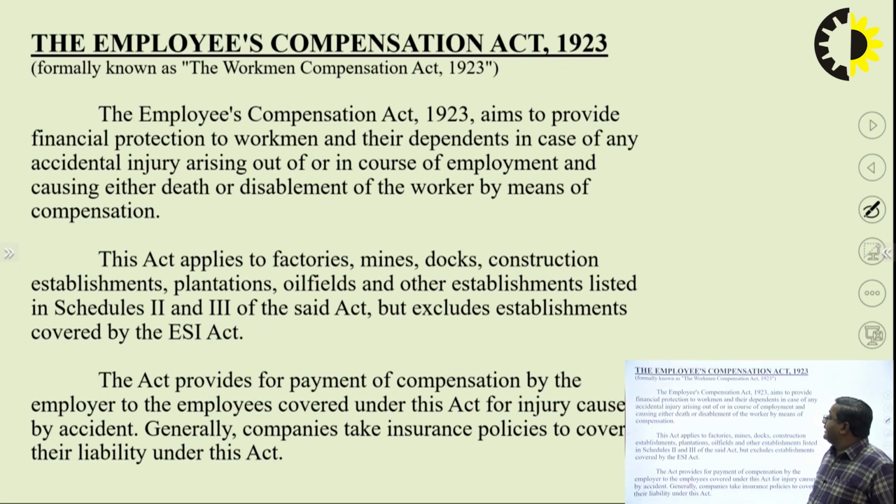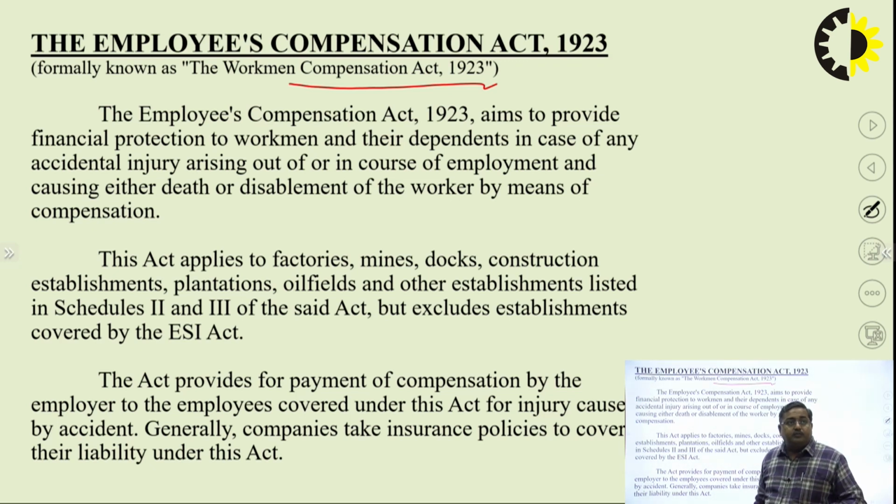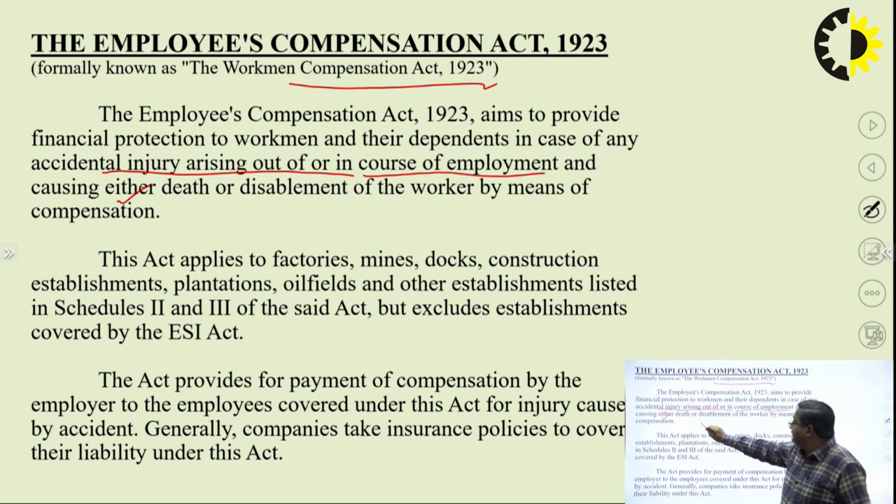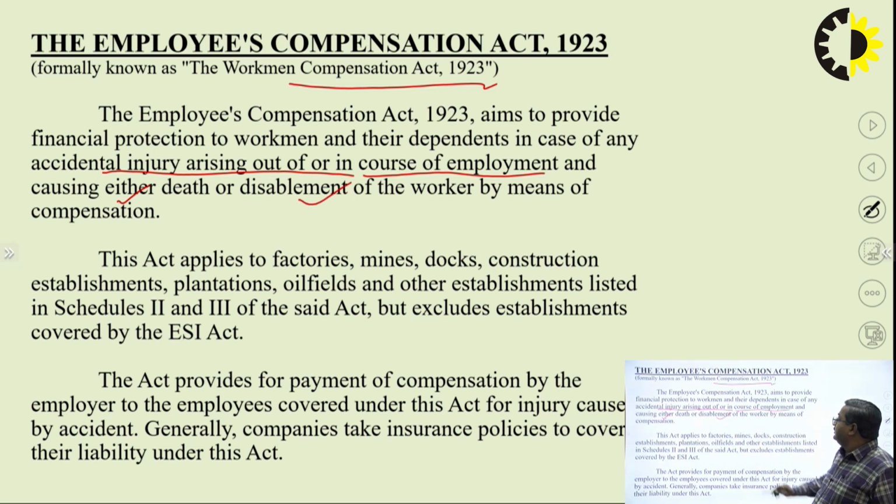Employees Compensation Act 1923, formerly known as the Workmen Compensation Act 1923. The Act aims to provide financial protection to workmen and their dependents, by means of compensation, in case of accidental injury arising out of or in the course of employment and causing either death or disablement of the worker.